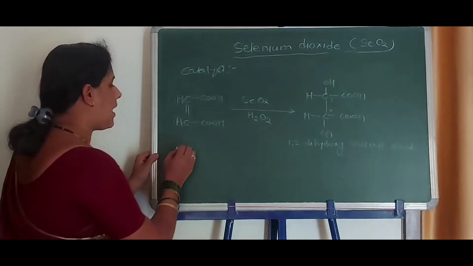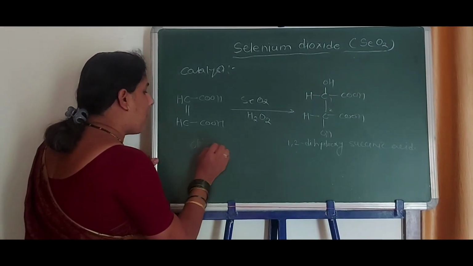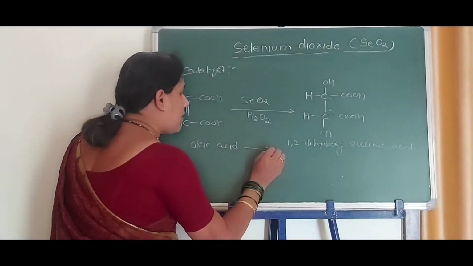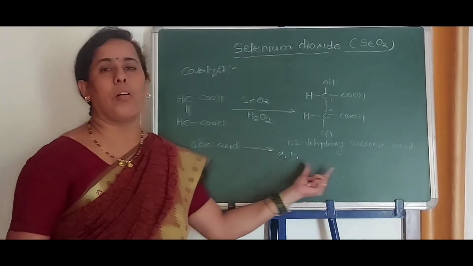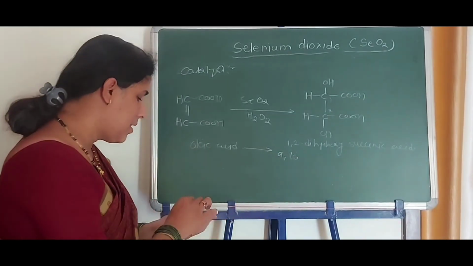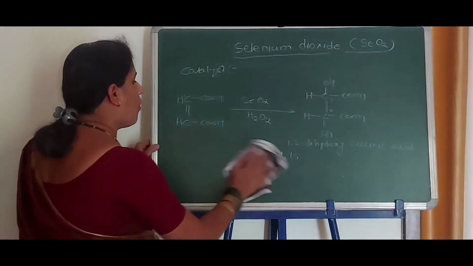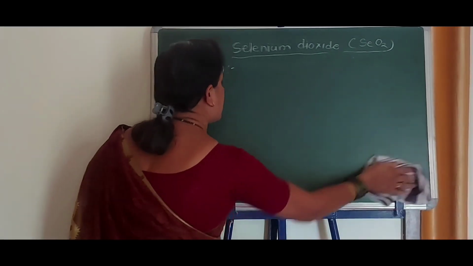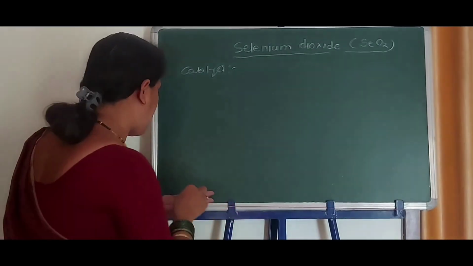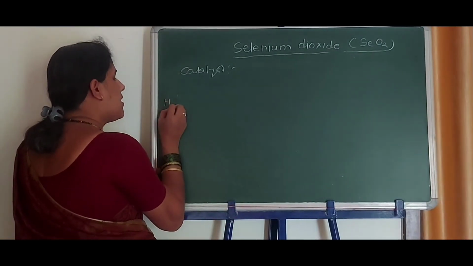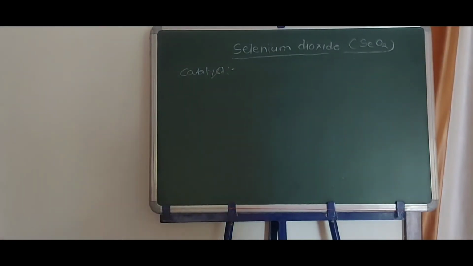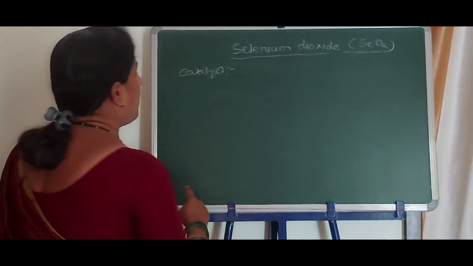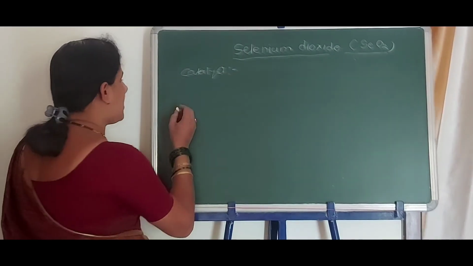One more application is the conversion of oleic acid into its 9,10 dihydro derivative. What is the structure of this? Last example I am going to discuss is oleic acid.